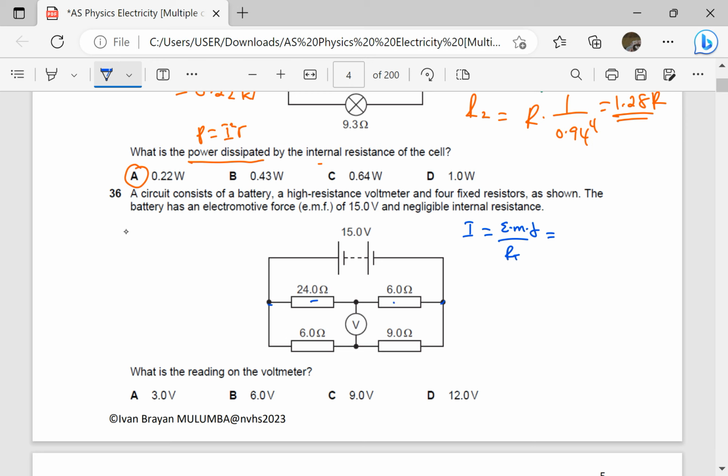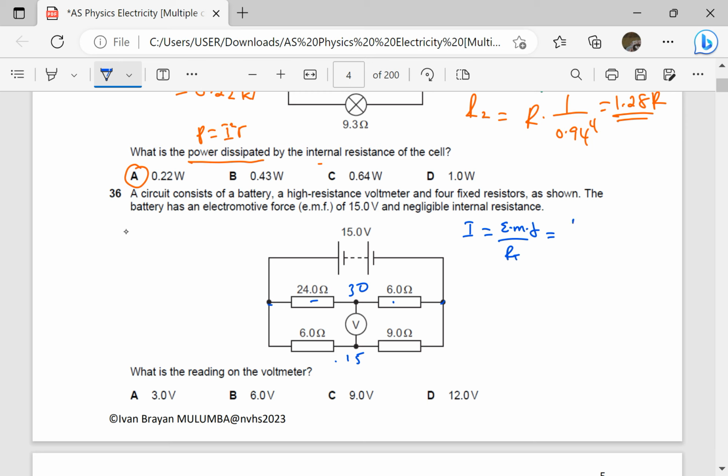These two in series give a total of 30. These ones in series also give a total of 15, so we take the product over the sum. You will notice that the current in the lower part is twice the current in the upper part, because the total resistance up there is twice the total resistance down here.